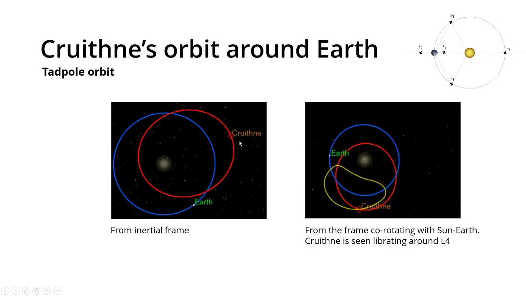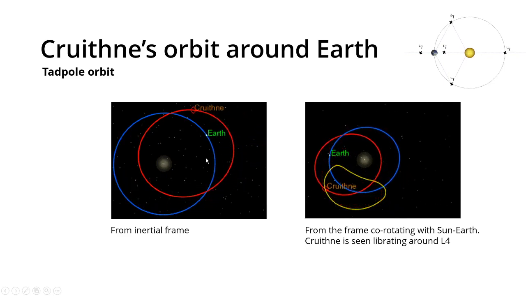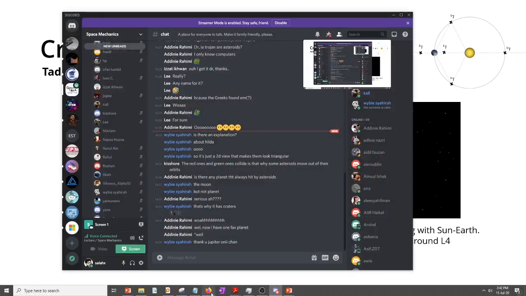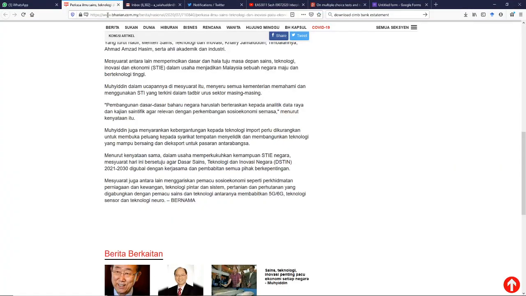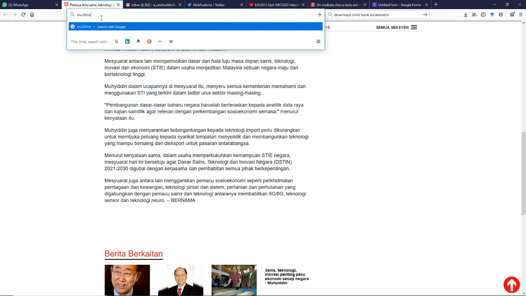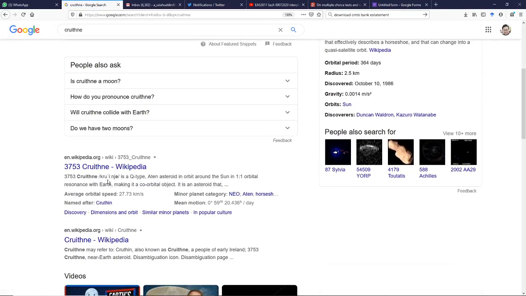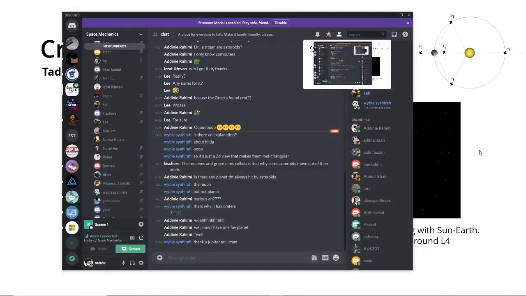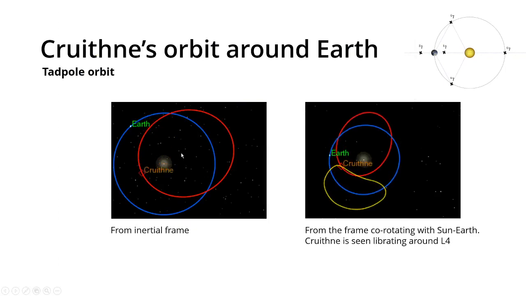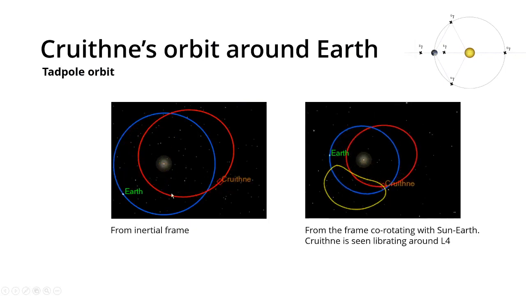I still don't know how to pronounce the name. Let me see, how do I pronounce this? Cruithne. Okay, I give up. Cruithne. Okay, look at this Cruithne.